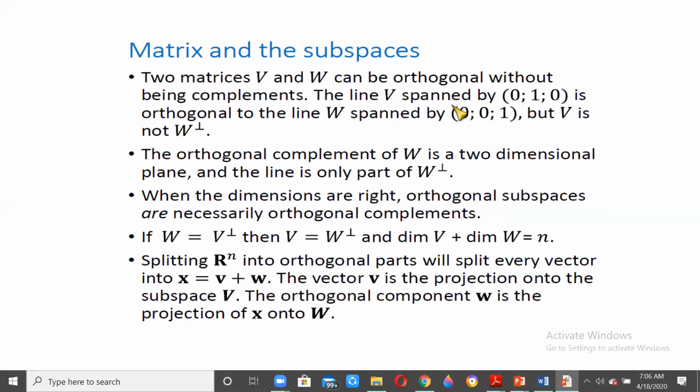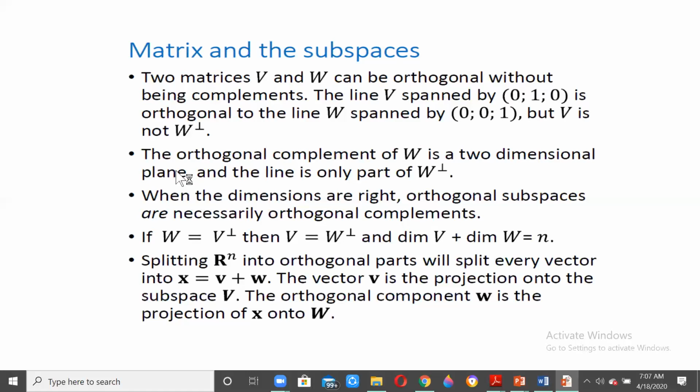Adding them gives 2, whereas the space they live in is R cube, which has dimension 3, and 1 plus 1 is not equal to 3. Therefore V and W are orthogonal, but not orthogonal complements of each other.